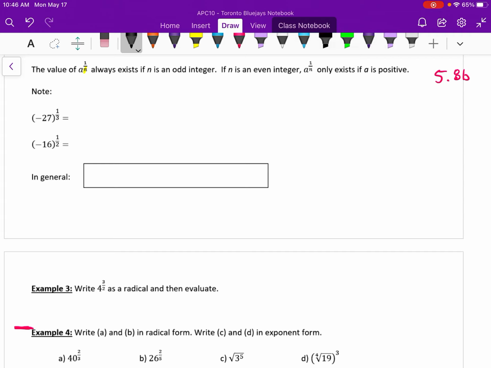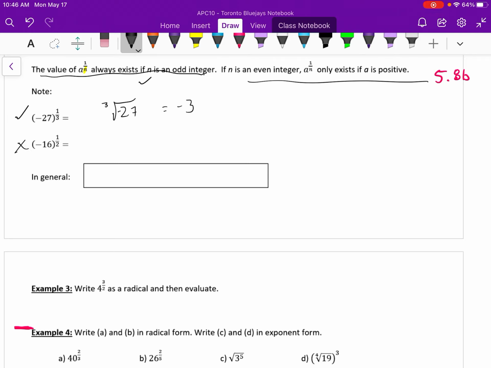-27 to the power of 1/3. Can I do this? Well, yes, I can. What number multiplied by itself 3 times gives you -27? Well, that would be -3. So that illustrates the first part of the statement. The second part of the statement is illustrated by this.